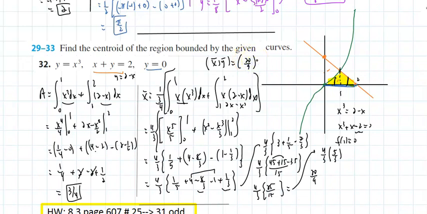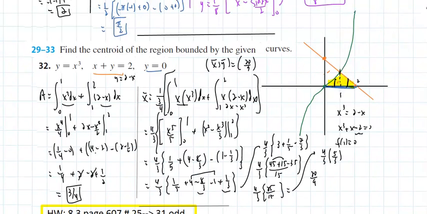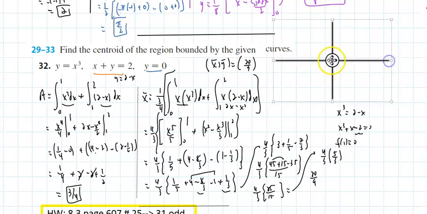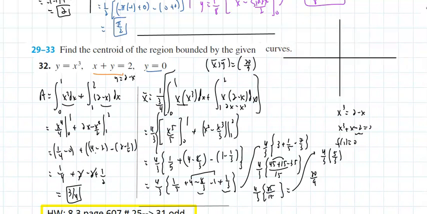20 over 9 is... okay, something's not right. Okay, I think I got it. Let me redo this really quick. Let's look at this graph. And let's put it up there. And let's say that's 1, that's 2, and that's 1. So y equal x cubed.